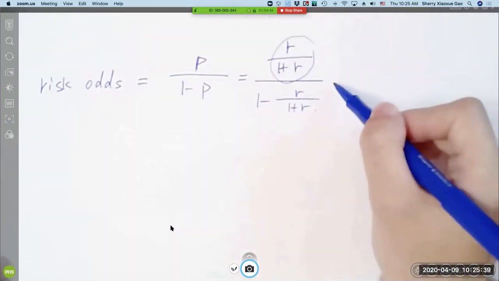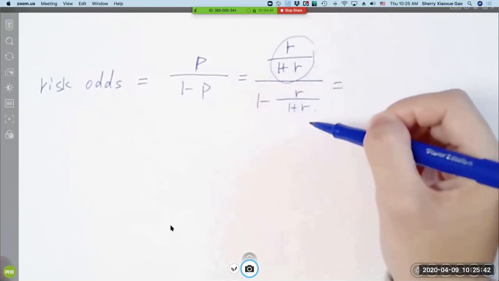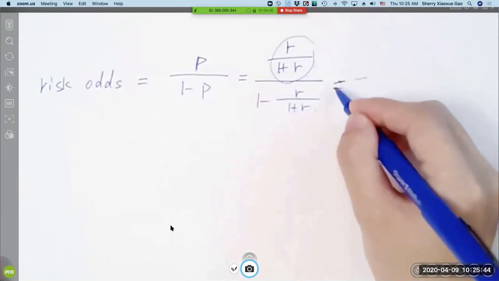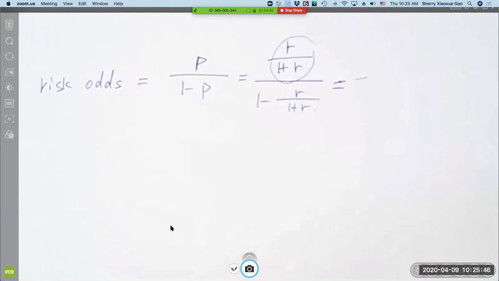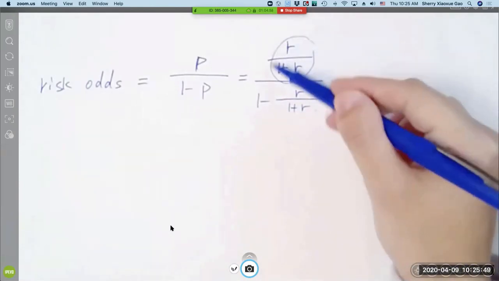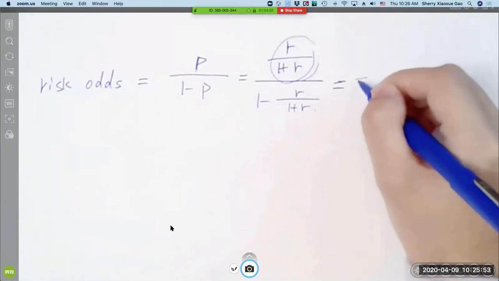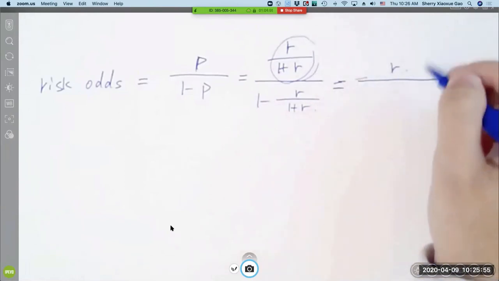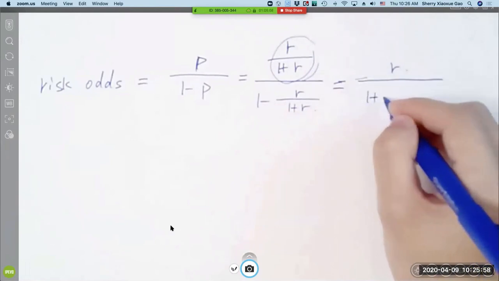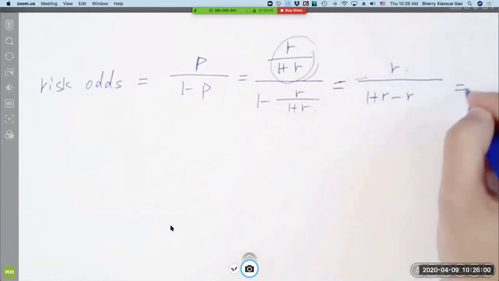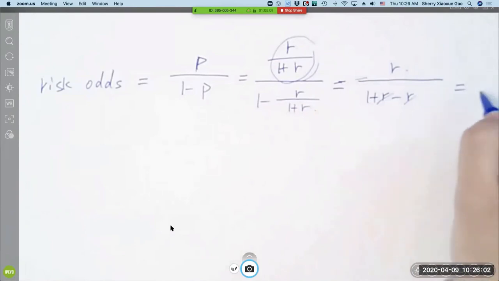And then after you simplify this expression, you can multiply the numerator and the denominator both by 1 plus R. Then on the numerator, you would get R. On the denominator, you would have 1 plus R minus R. And these two cancel out, and then you end up with R. So as it turns out, the risk odds of a delta person is equal to the R parameter.